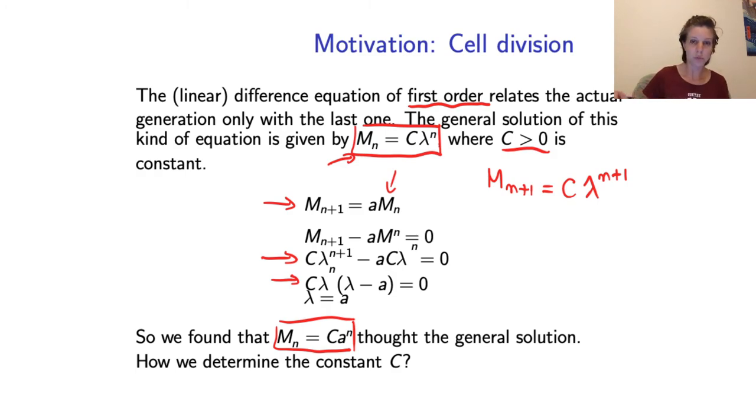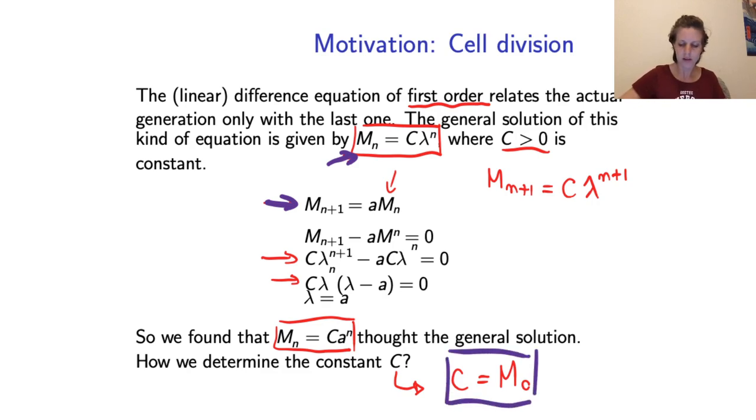Another question would be how to determine this constant C. Think about that, we can discuss it. Remember that we know that C should be equal to m0. So try to use this assumption, that the solution is like this, and substitute here, and see if you can get that C equals m0.